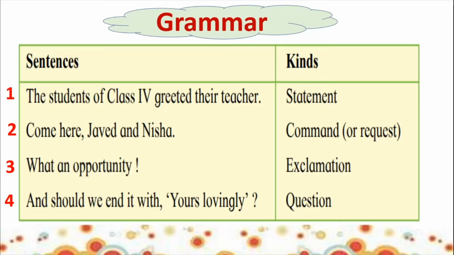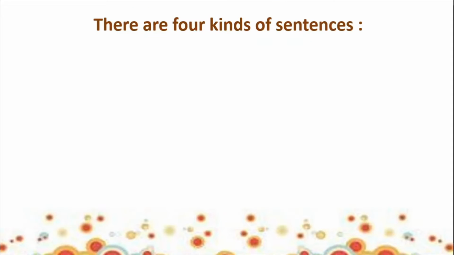Right now, we will understand them as a statement, a command or a request, an exclamation, and a question. So these are the four types of sentences. We have seen one example of each. Let us now try and understand them in greater detail by going through these kinds of sentences one by one.